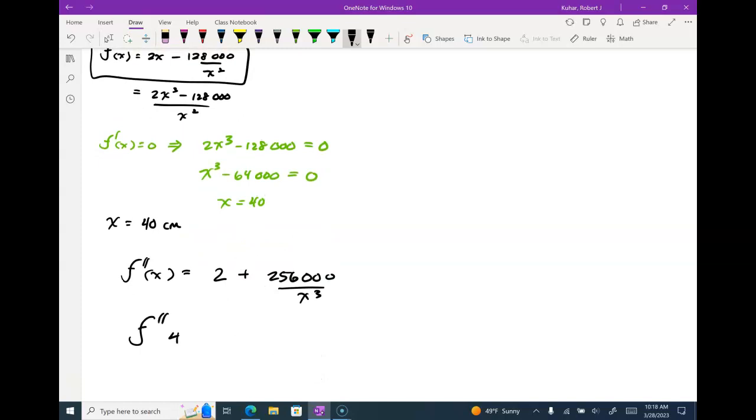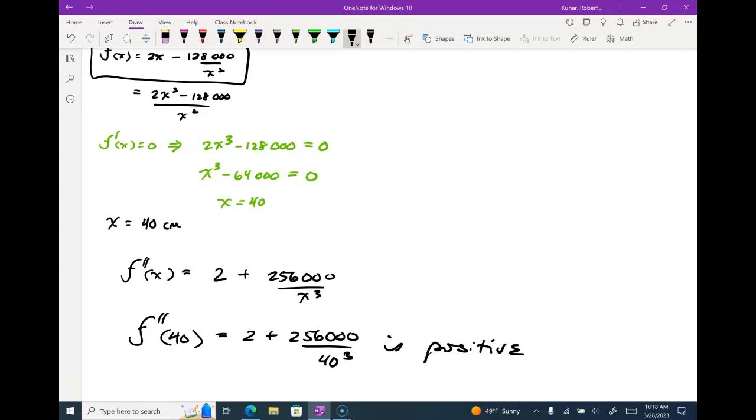So f double prime of 40 is certainly positive, right? I don't care what actual number it is. I know it's positive, right? So positive people smile, so I know it's a min. Got that part done. What else do I have to find from the problem?